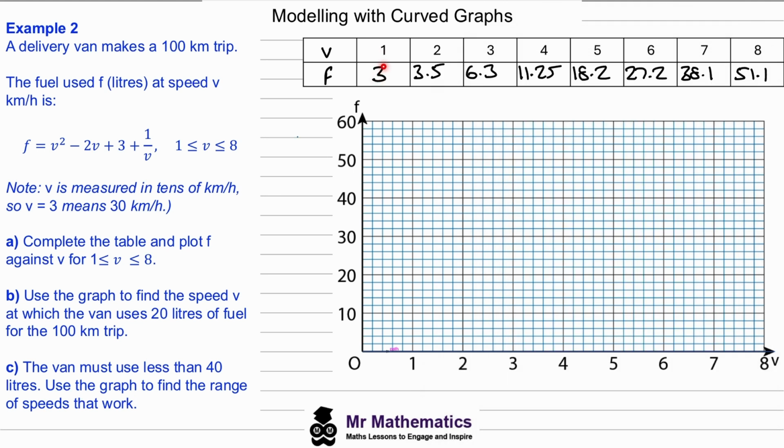And now we can plot each of these coordinates on our grid. When v is 1, the fuel is 3. When v is 2, F is 3.5.